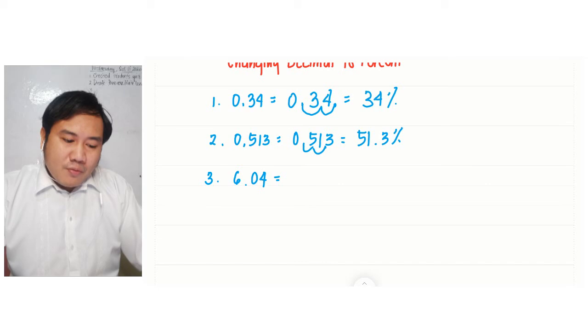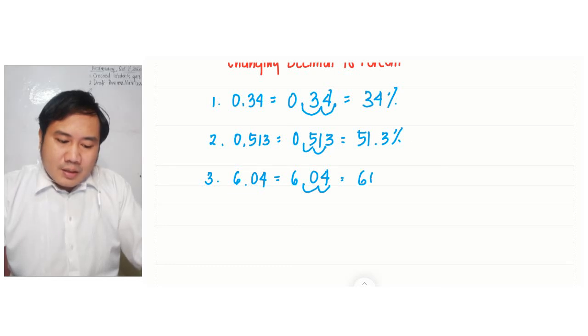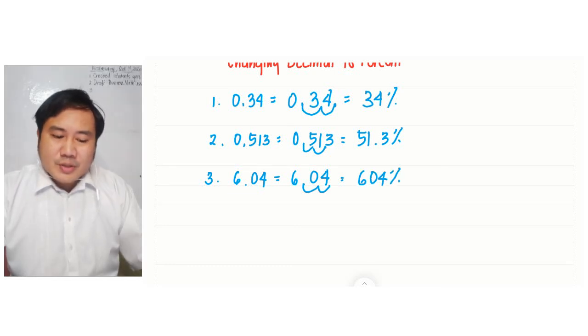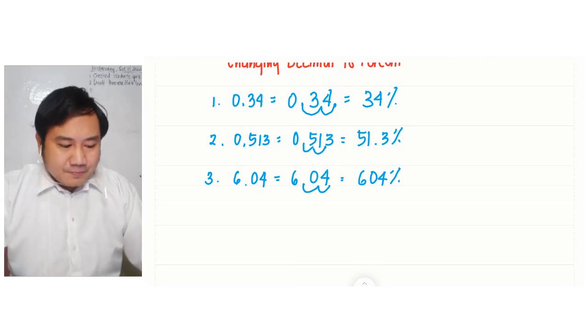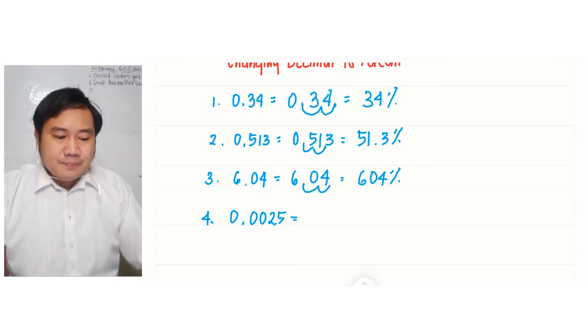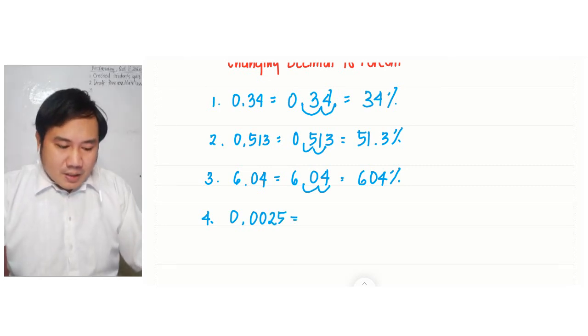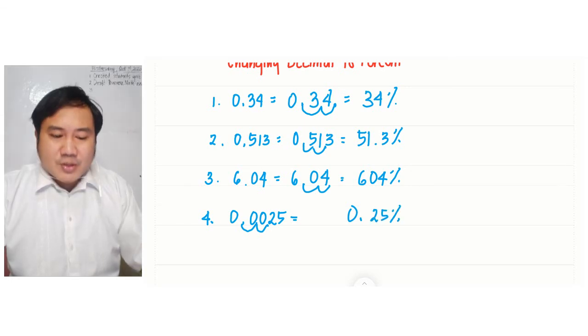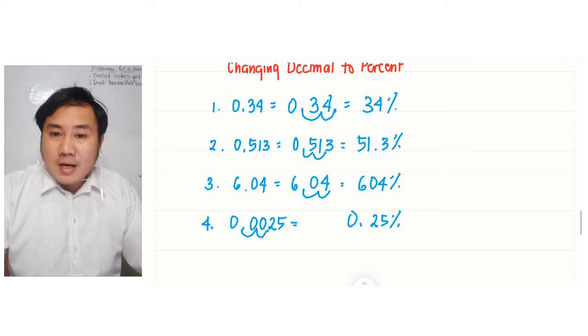Again, move 2 decimal places to the right. 1, 2. And that is 604%. Okay? 0.0025. Move 2 decimal places to the right. 1, 2. So that is 0.25%. Always 2. Laging dalawa lang.